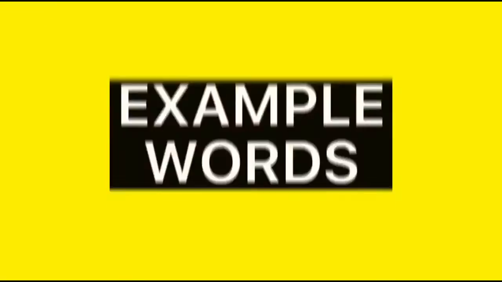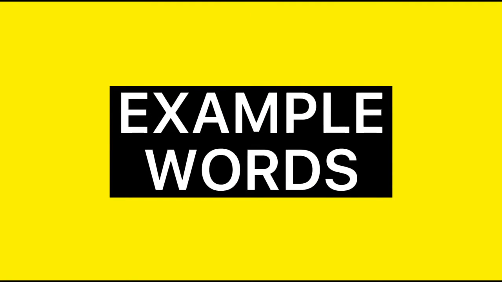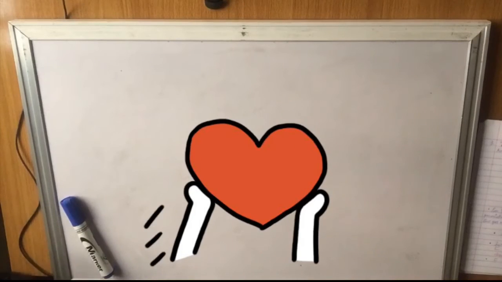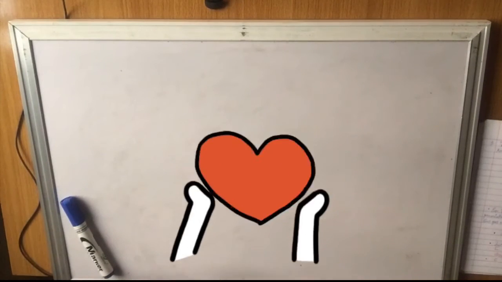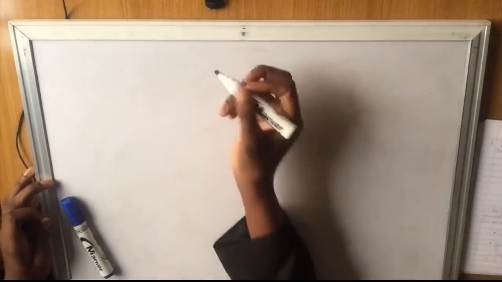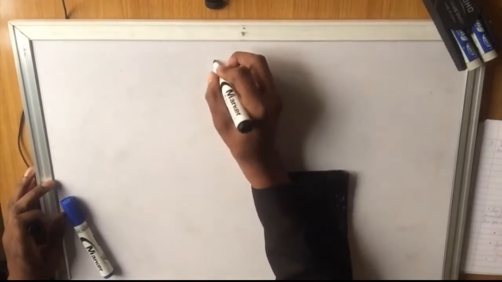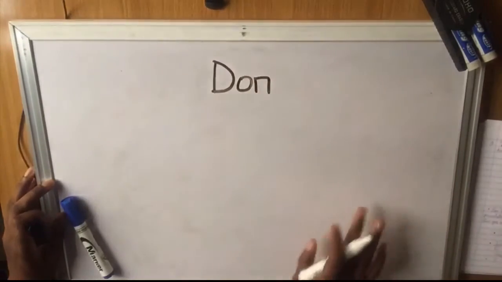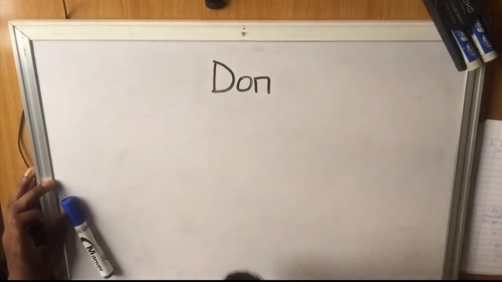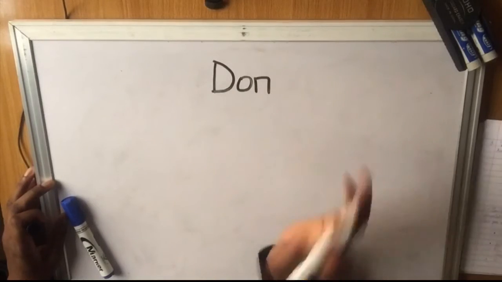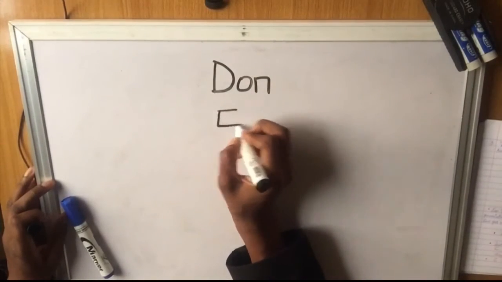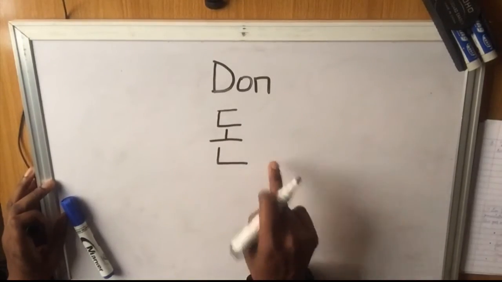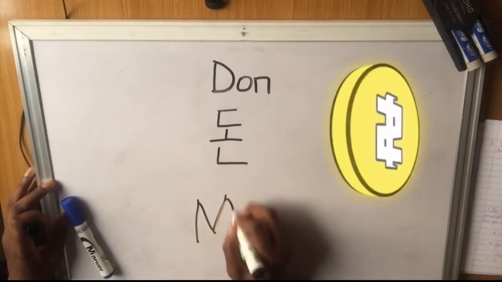Example words. Our first example is actually a word everybody loves with all their heart, which is 돈. 돈 in Korean is written as this. 돈 means money.